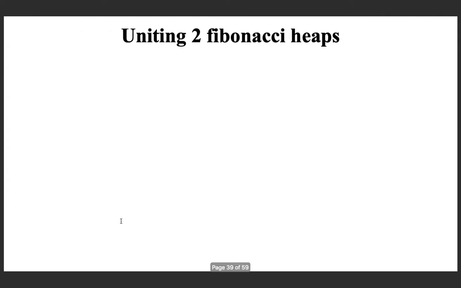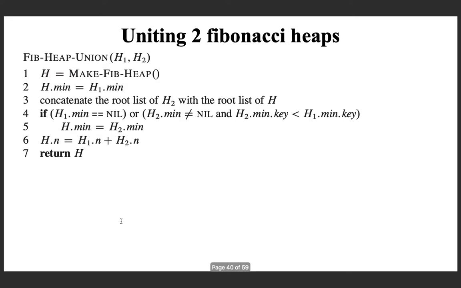Now let us proceed and see a procedure for uniting two Fibonacci heaps. We can just consider that algorithm and see what it is doing. It's copied from the textbook.